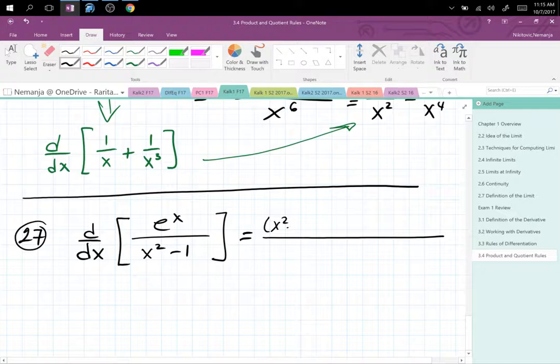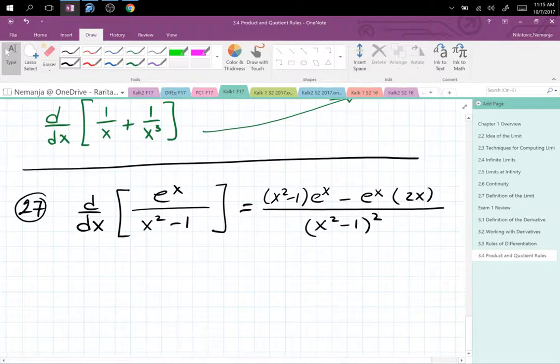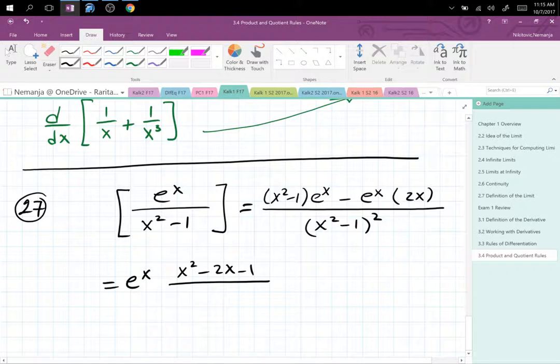X squared minus 1. Very good. Beautiful. Nice. Then what? Well, then we factor out e to the x. And we are left with x squared minus 2x minus 1 over x squared minus 1 squared.